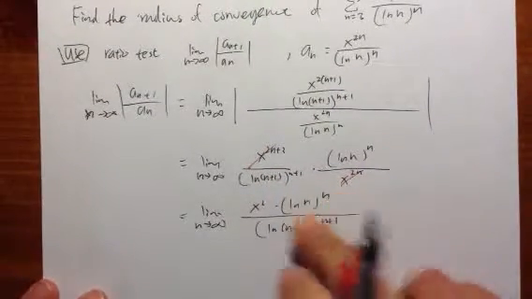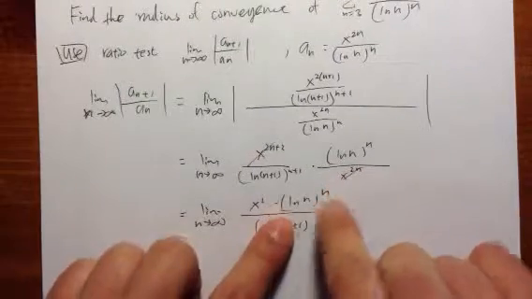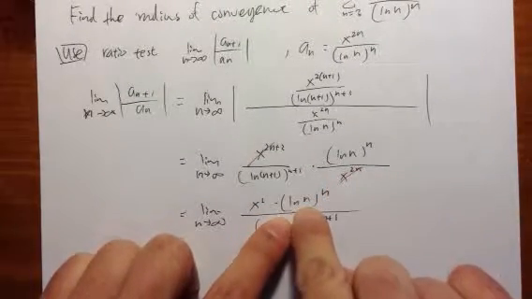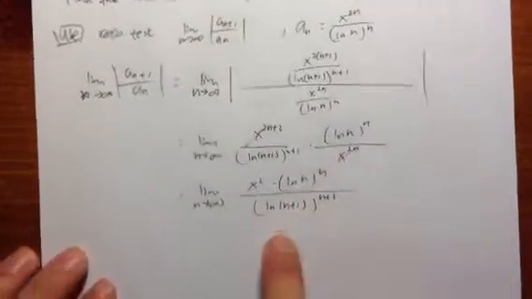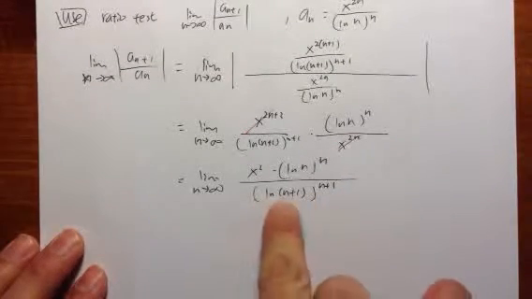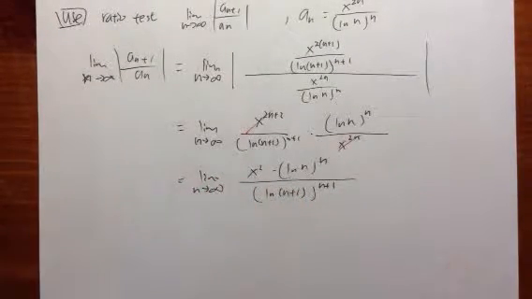What does the n power and the n plus 1 power mean? That means we take ln n and multiply it by itself n times. Likewise, I take ln(n+1) and multiply it by itself n plus 1 times.